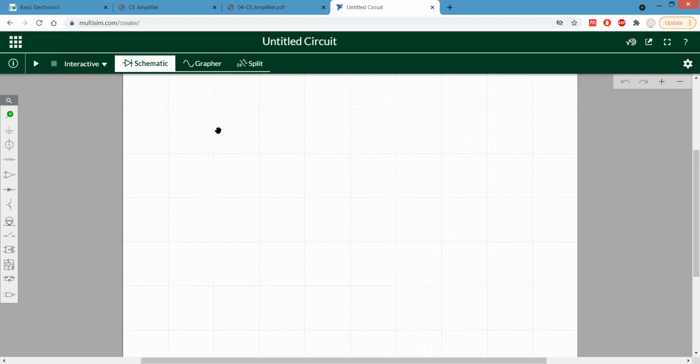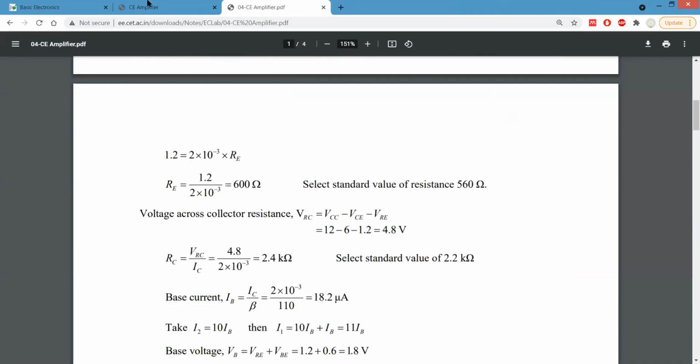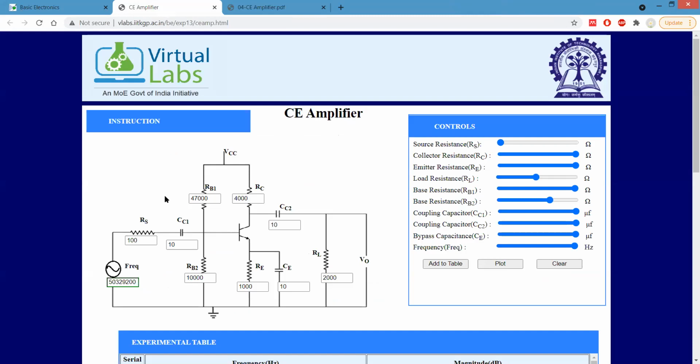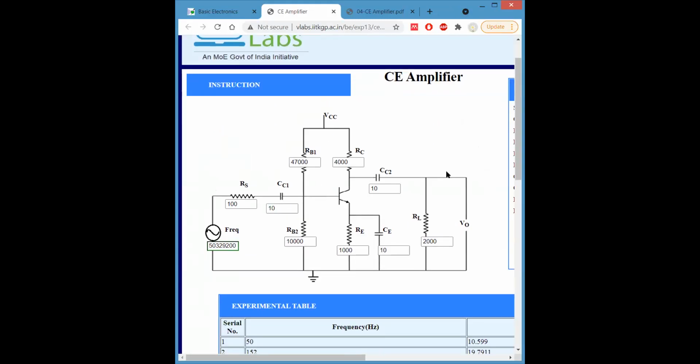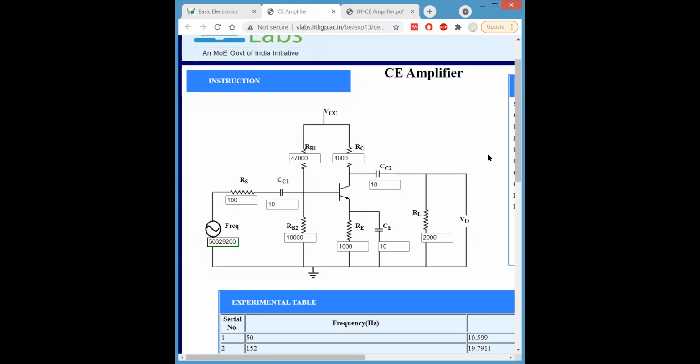Okay, so let us start this one. We have to draw this circuit, we have to design it accordingly. Is the two-window view visible, right? I have split the screen, one is Multisim and the other one is that virtual lab. Both the windows are visible.